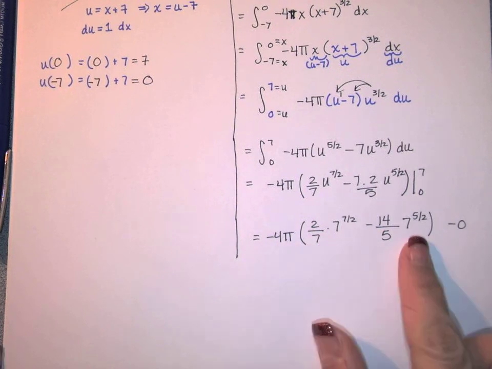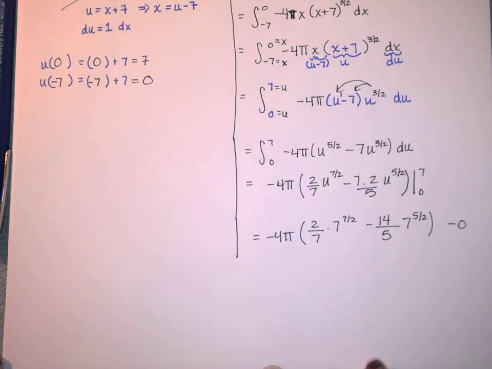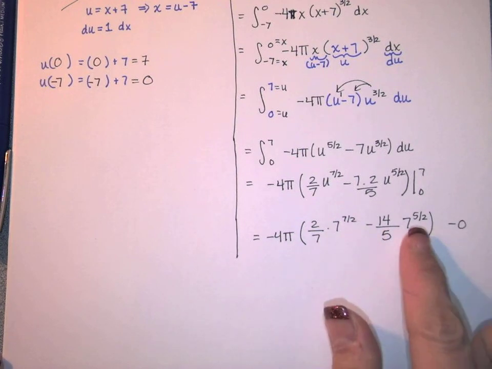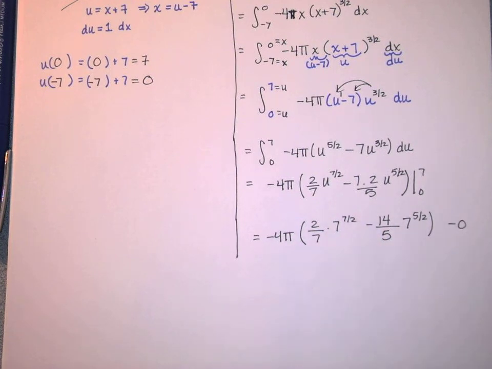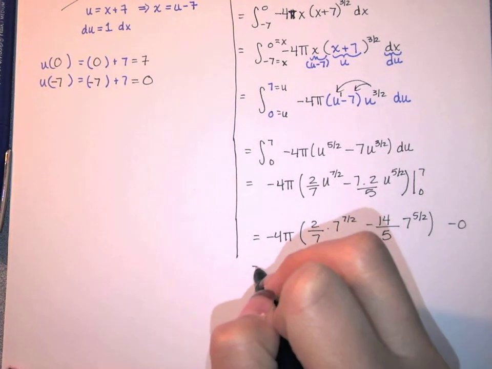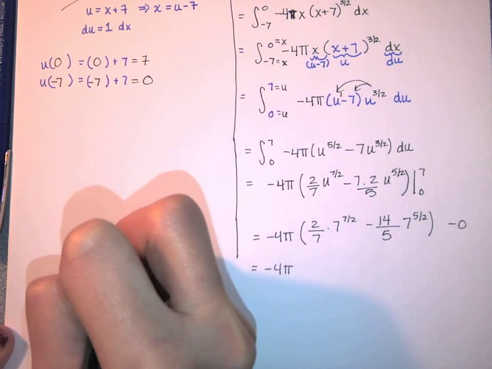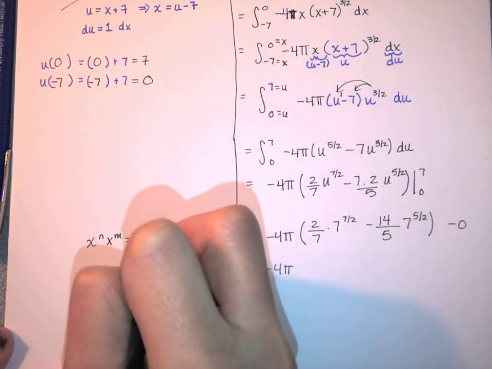Now, if I want to simplify all of these as much as possible, one way that we can do that is we can write these 7 to the 7/2 and 7 to the 5/2 as 7 raised to a whole number plus a 7 to a 1/2 power. So basically I'm just using this rule but backwards.